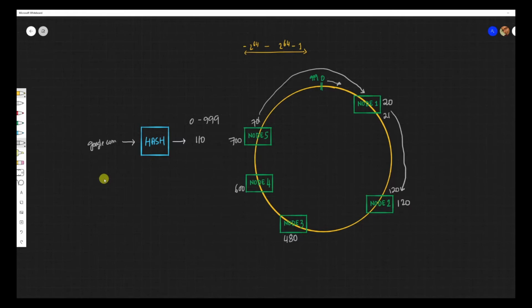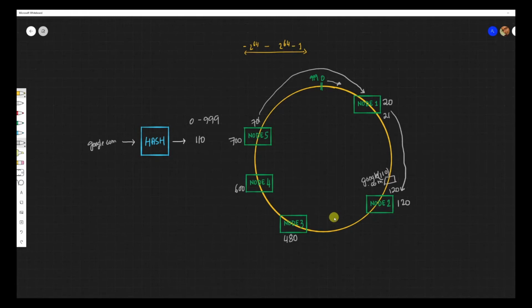I place that value in the ring somewhere over here, since it's 110. So let me put 110 and Google over here. This value will be stored in node 2, because this is the nearest node in the clockwise direction from the value of 110 that we have got for this URL.